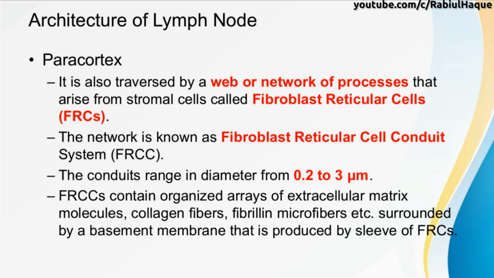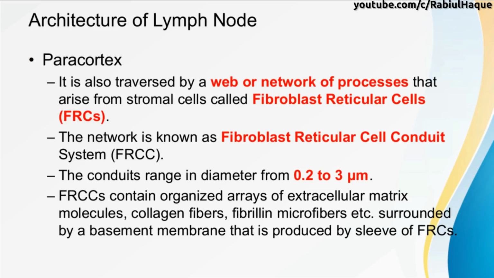The conduits range in diameter from 0.2 to 3 micrometers, and they contain organized arrays of extracellular matrix molecules, collagen fibers, fibrillin microfibers, etc. that are surrounded by a basement membrane that is produced by a sleeve of fibroblast reticular cells.